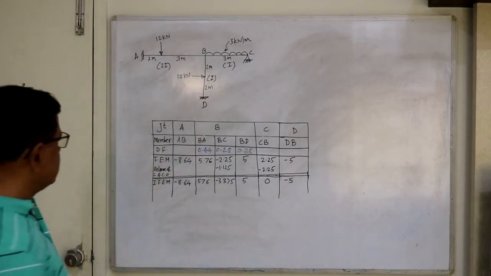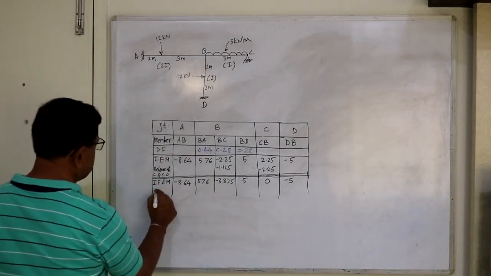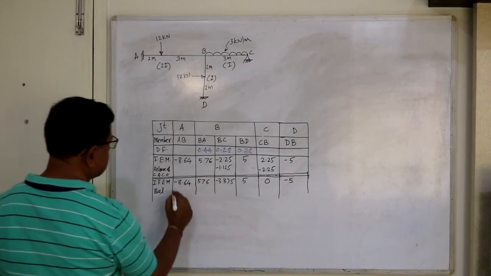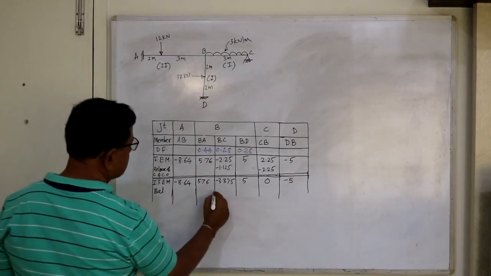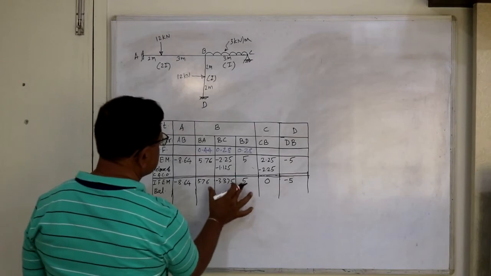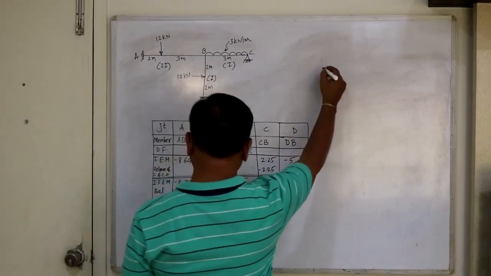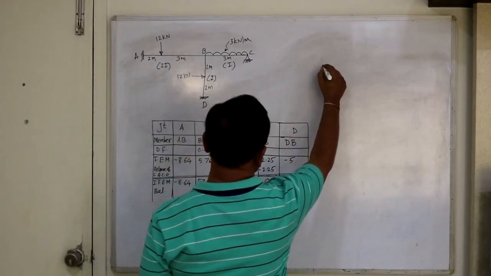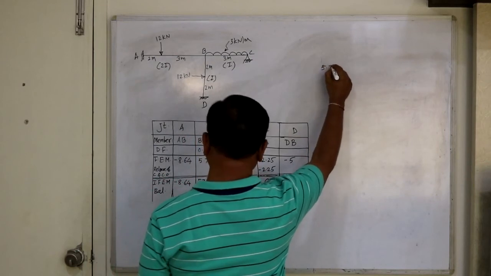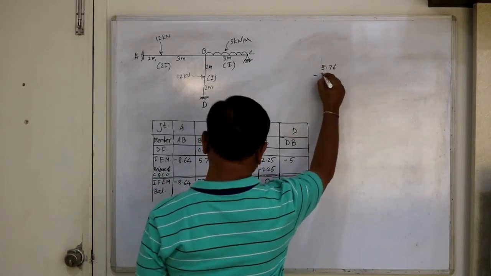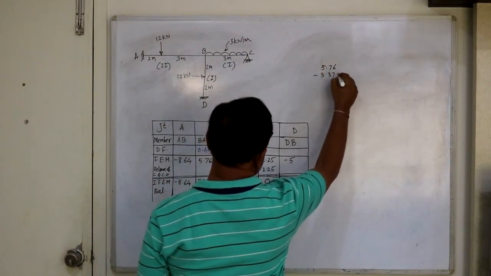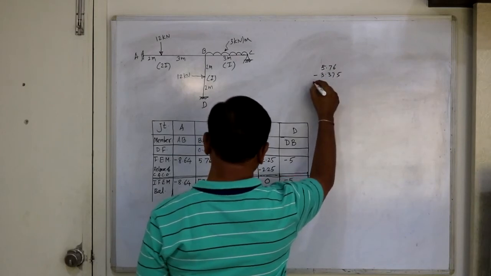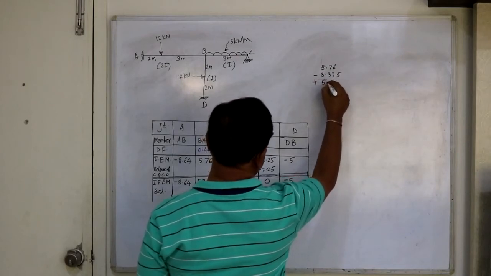Now balancing of joint B. Let's find out the unbalanced moment. How will we find the unbalanced moment at B? That is 5.76 minus 3.375 and plus 5.